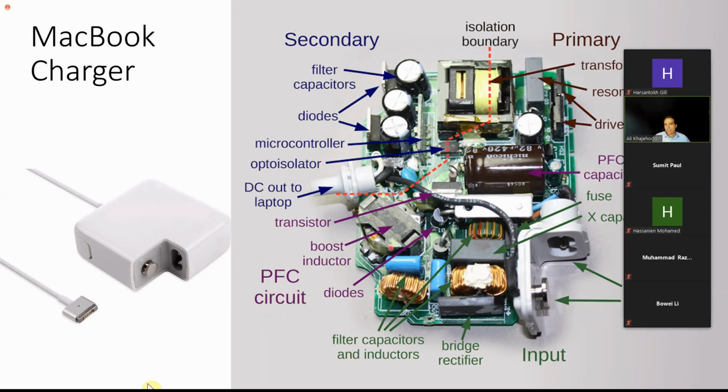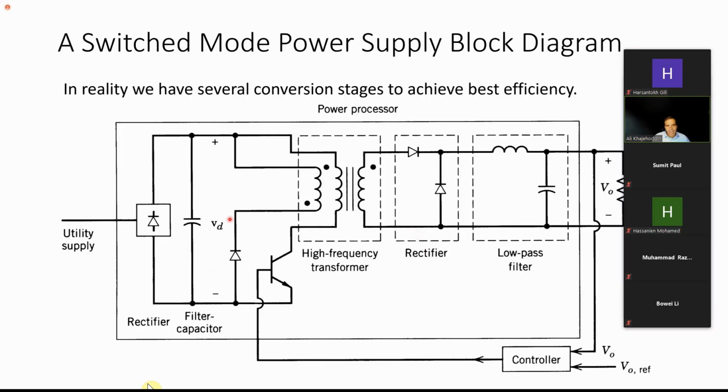So this boost converter that they have here, or in our case, in the previous converter that you have here, this is a forward converter. So here you also have this converter that you can shape the current with. So you can shape the current like sinusoidal and then rectify it.